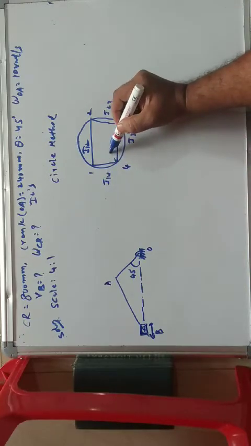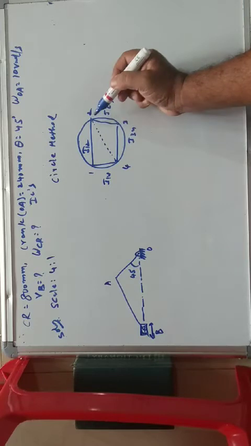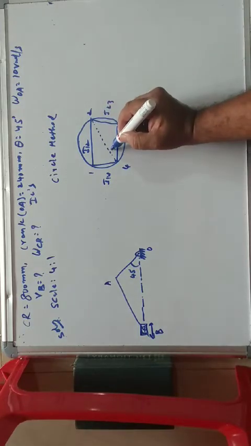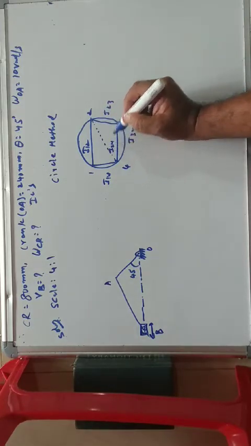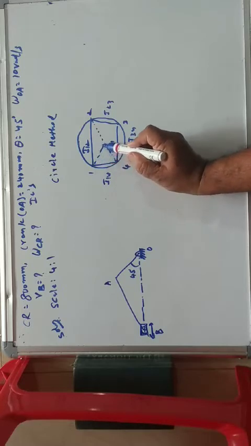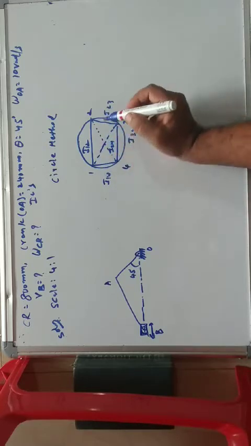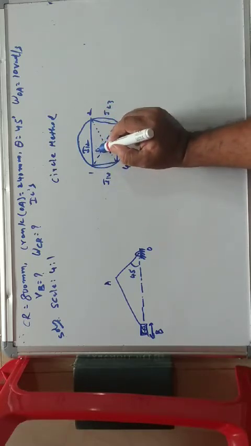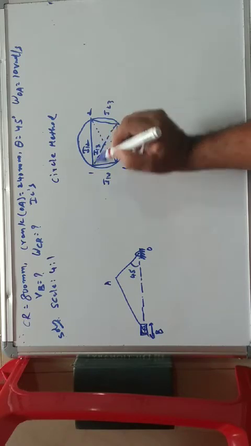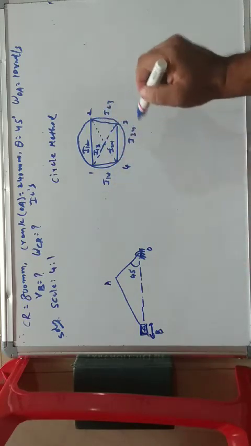And this dotted line I will just try to draw. This is I24, and this dotted line, here it is I13. So totally 1, 2, 3, 4, 5, 6.